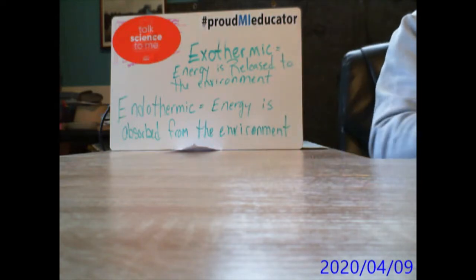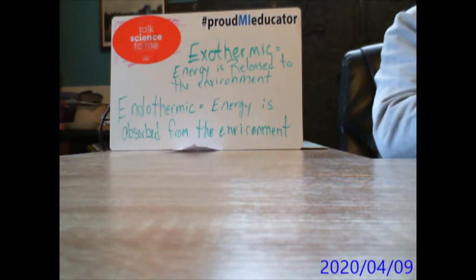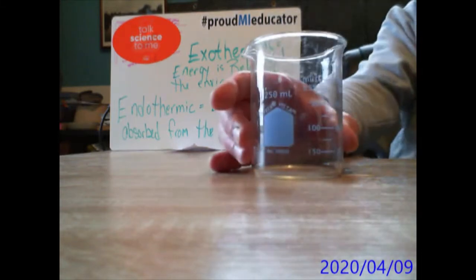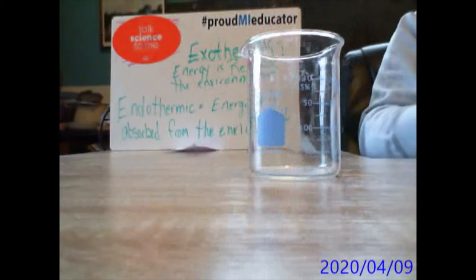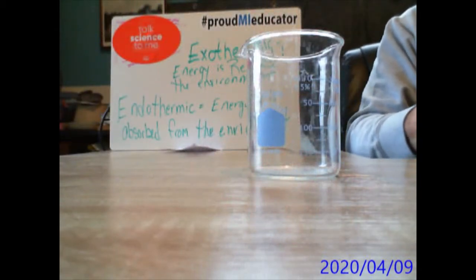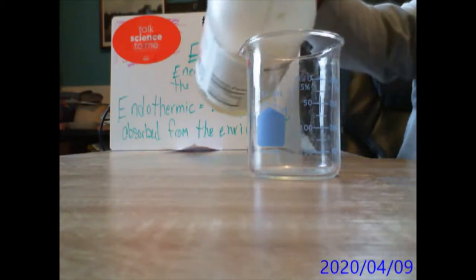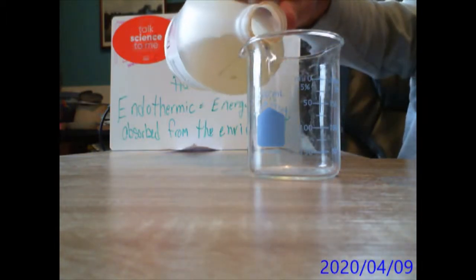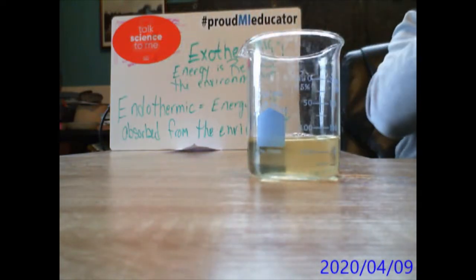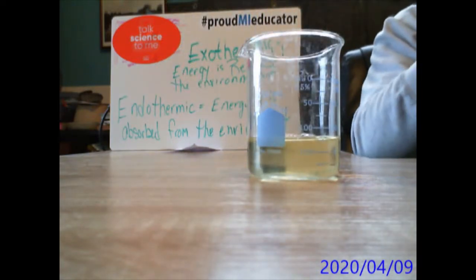How about an endothermic? I've got a beaker here, and in this beaker I'm going to put some apple cider vinegar. You can use any kind of vinegar. You could use hydrochloric acid, but most of us don't have that handy. I do.